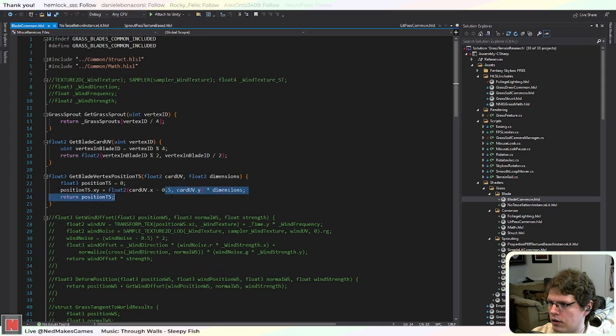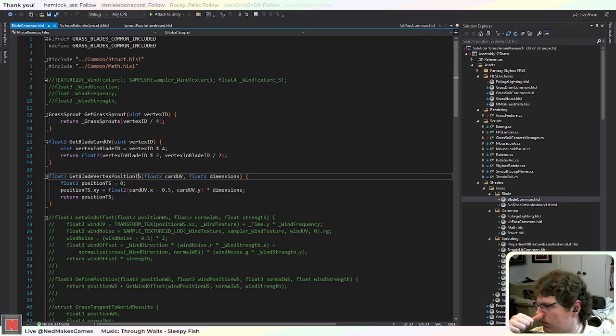Okay, well this happens to work because right now the tangent space is the same as world space. Okay, but I guess that's fine. We just got to apply the transformation.